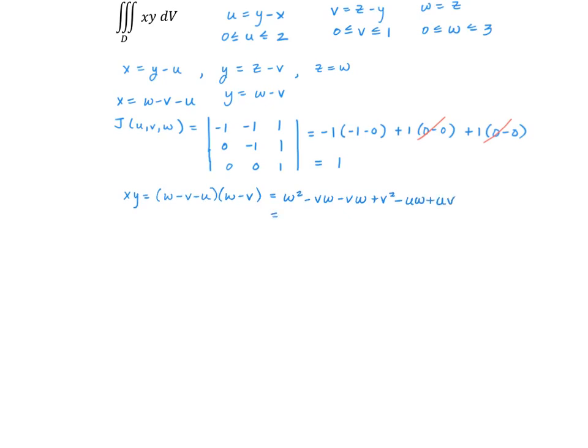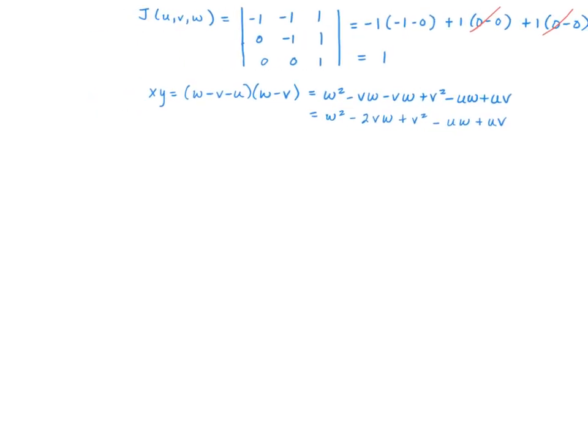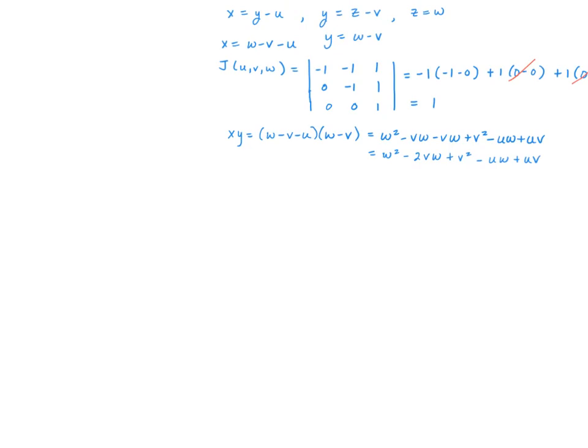Maybe you guys got to check me on that. So if I combine my like terms, I have w squared minus 2vw plus v squared minus uw plus uv. How nice.